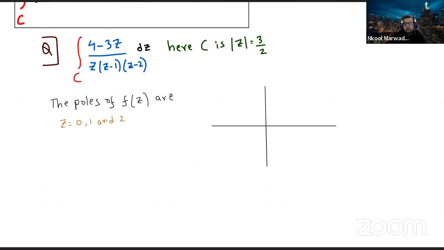This is the imaginary axis. Now see, the center of the circle is the origin itself, and the radius is 3/2, that is 1.5. So 1.5 in this direction and minus 1.5.